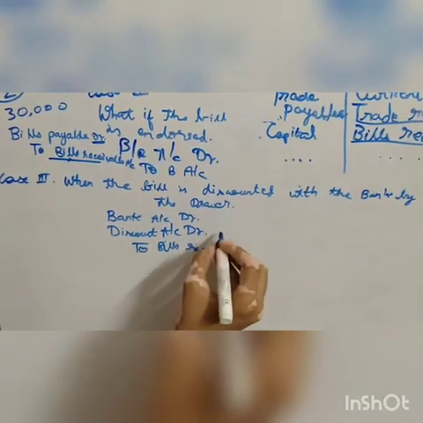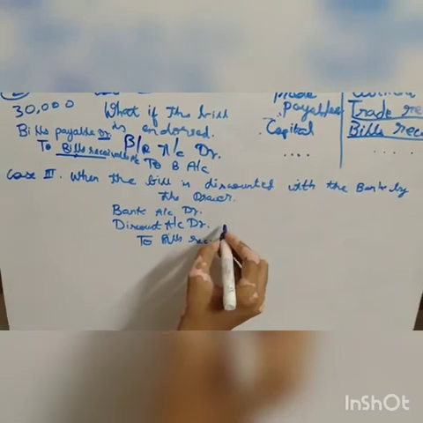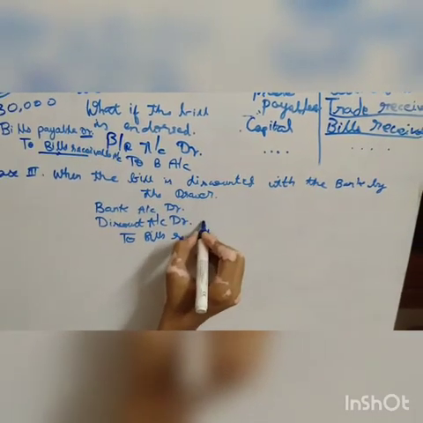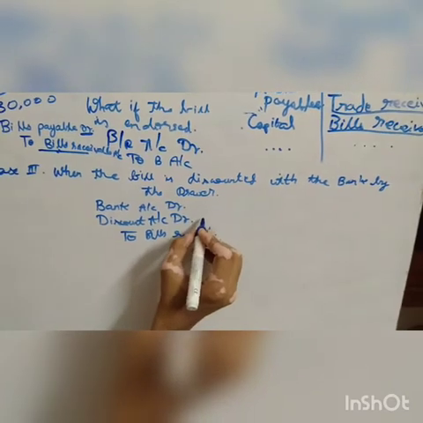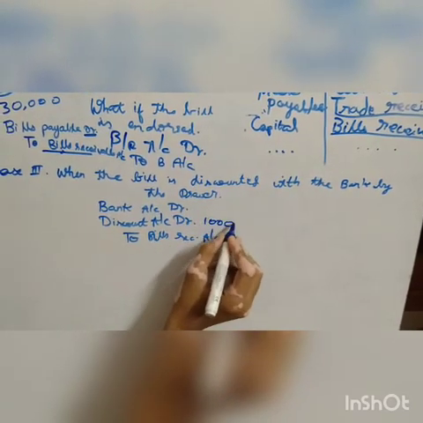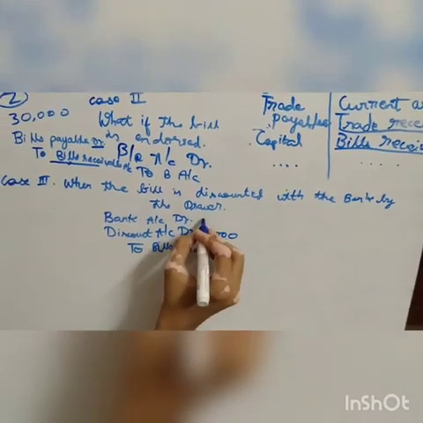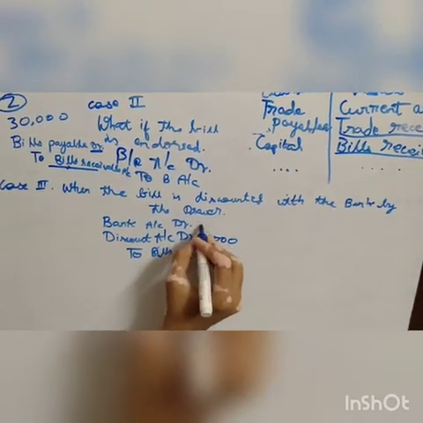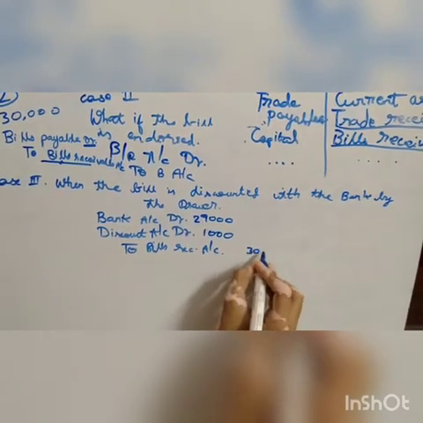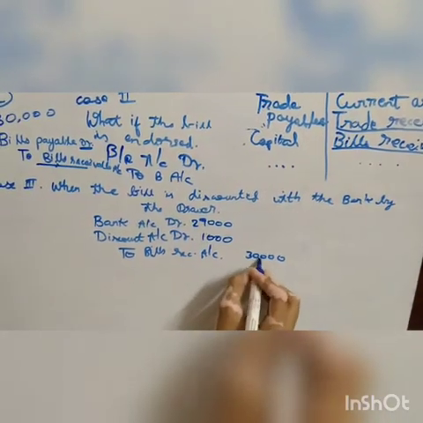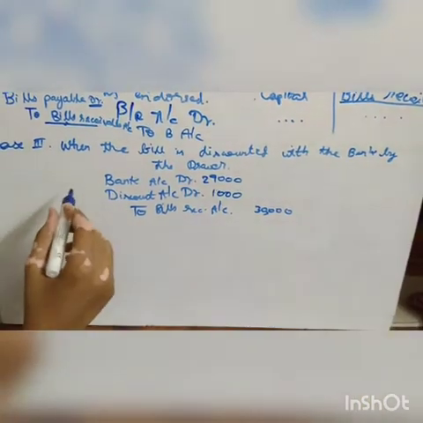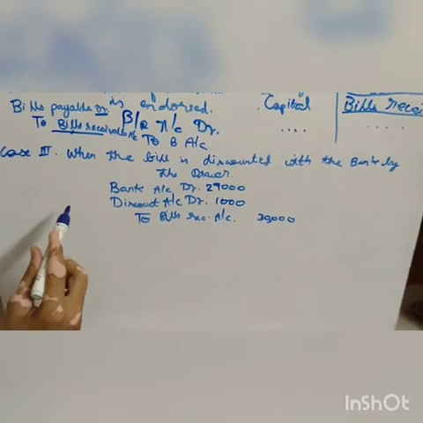The discount is taken by the bank as bank charges. Let us assume that the bank has taken a discount of 1000 rupees. Then the remaining amount taken by the bank is 29,000, and the bills receivable is 30,000. So this is the entry when the bill is discounted with the bank by the drawer.